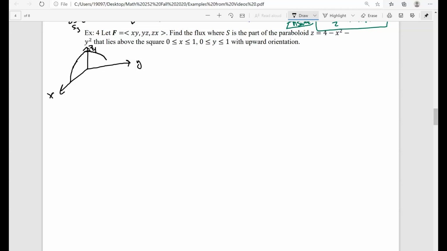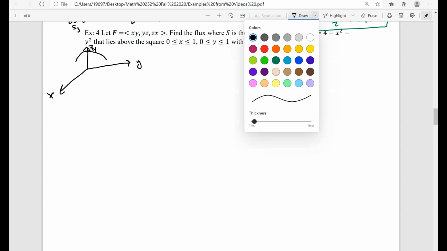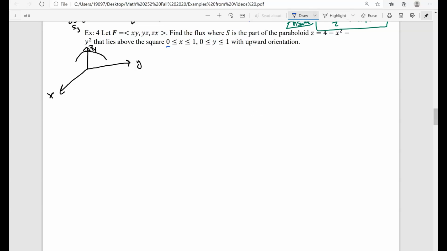We only want the paraboloid that is between, and kind of in the first octant, where x is between 0 and 1, and y is also between 0 and 1.